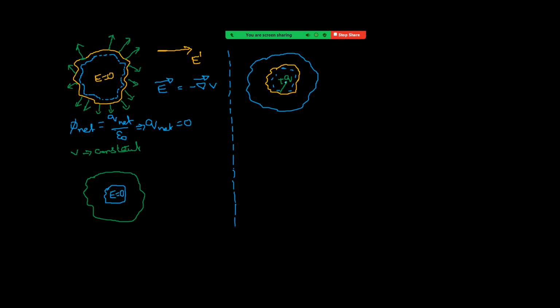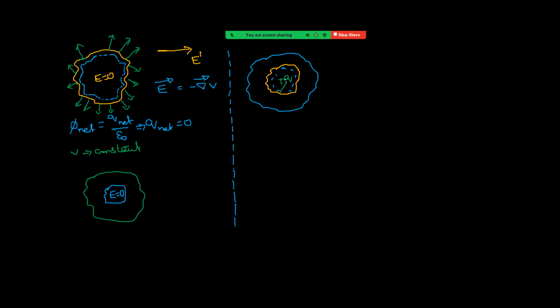So this positive charge is going to induce negative charge on the inner face of the cavity. This positive charge inducing negative charge on the inner face, and field lines terminating on the inner face, are the same thing said in terms of field lines.